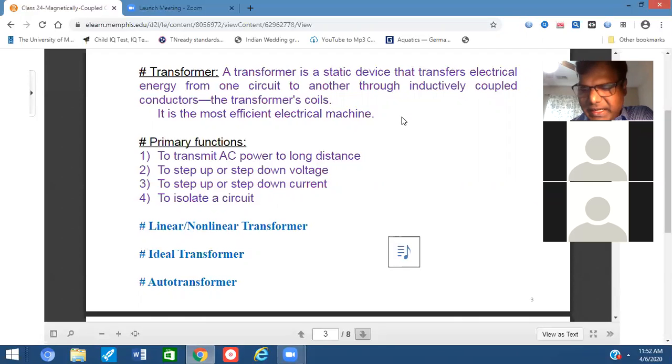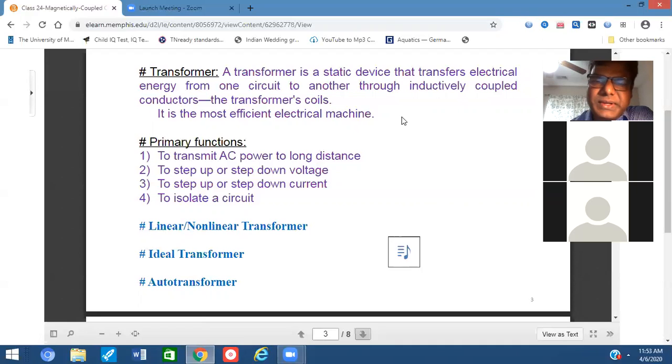That's why, in electrical engineering, the most efficient piece of equipment is the transformer. Its efficiency is close to 100%, very often 97%, 98%. The reason is that it has no rotating parts, so there are no rotational losses, no windage losses, no frictional losses.